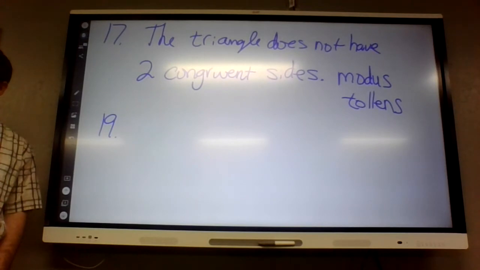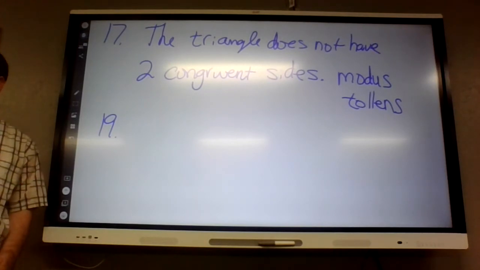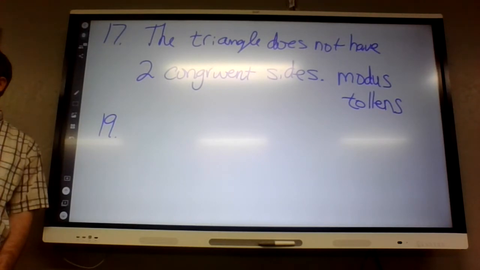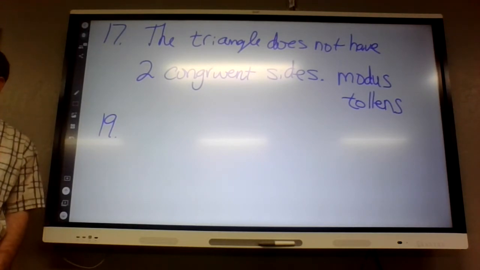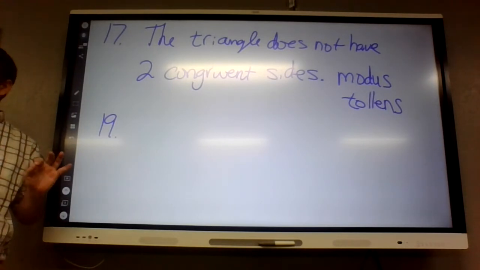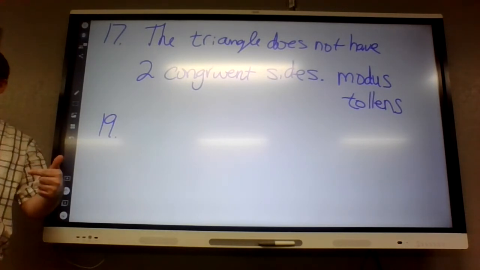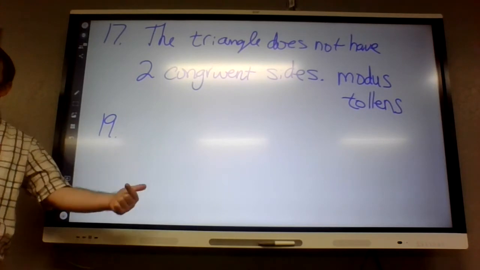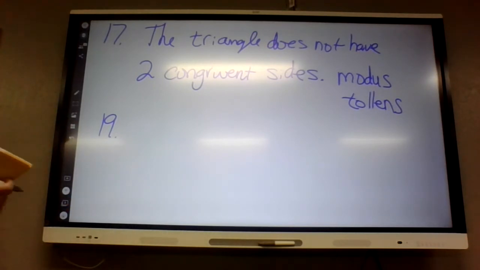Okay, number 19. If you are running, then you are exercising. If you're exercising, then you're burning calories. Therefore, what? Right. If you're running, you're exercising. If you're exercising, you're burning calories. Therefore, if you're running, you're burning calories.